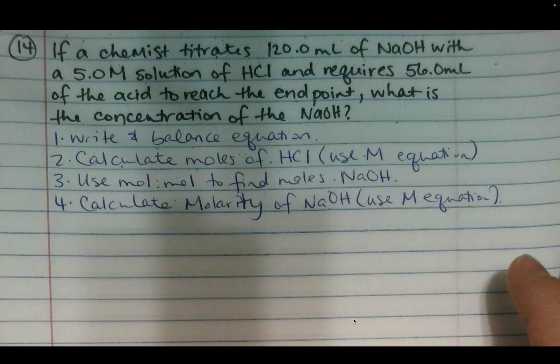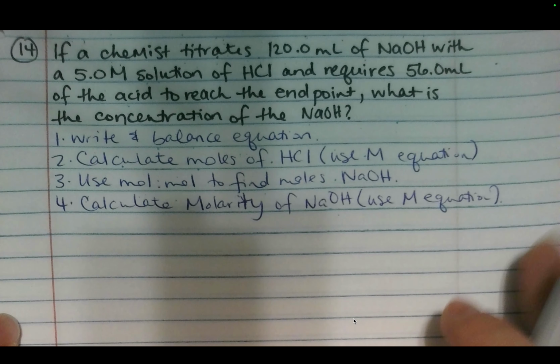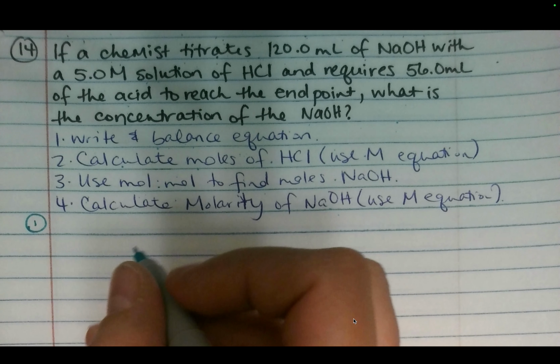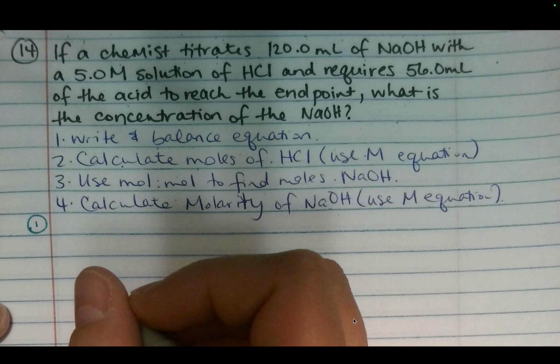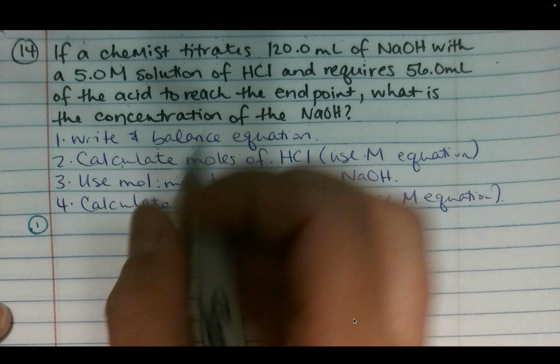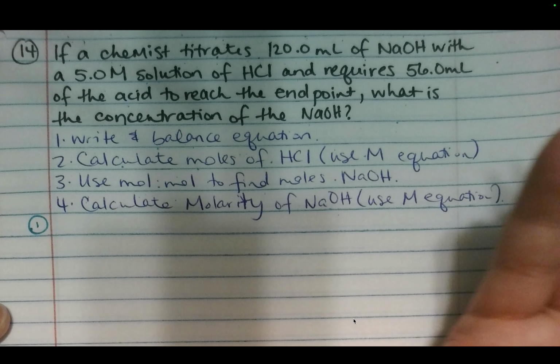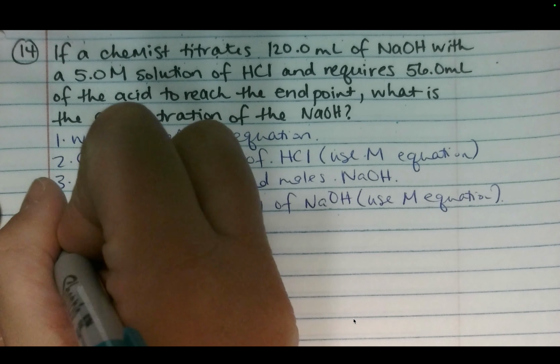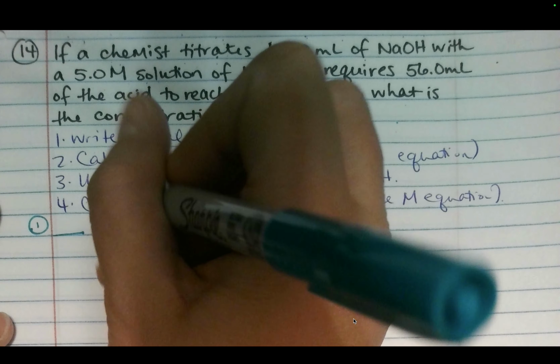Again, I have all the steps written out for you, so do them in order. Step 1, write and balance the equation. So I'm neutralizing base with a known acid. I have 120 mils of sodium hydroxide. I don't know how concentrated it is, but I know my acid. This is a neutralization reaction.